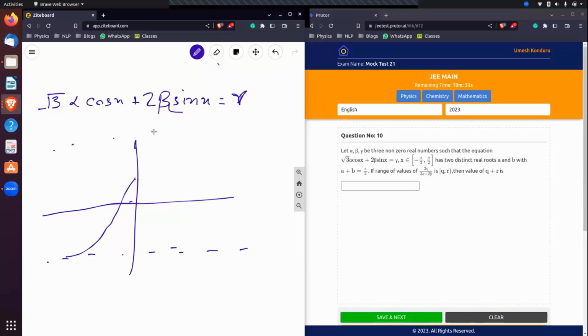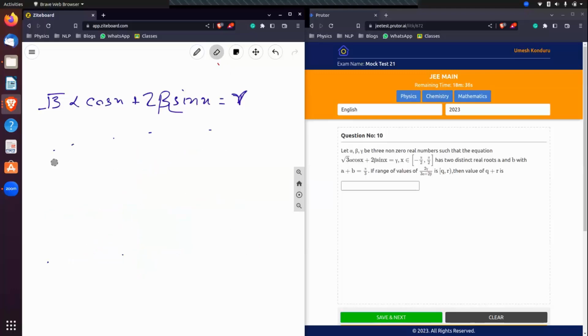And then at pi by 2, it goes back to this. So it seems to me like it's a monotonic function, but I'm not really sure. So if it is a monotonic function, then it only has one root. Then this equals gamma. So that means both a and b are equal to pi by 6.